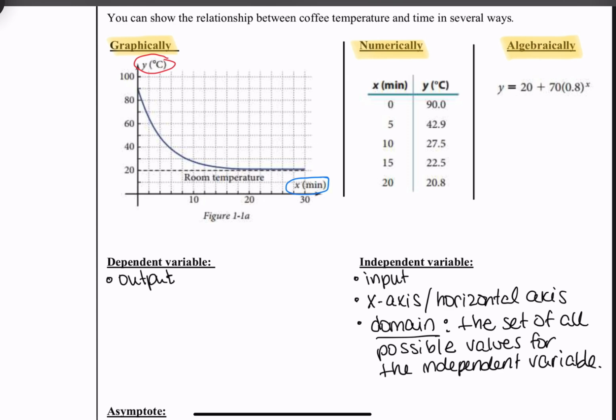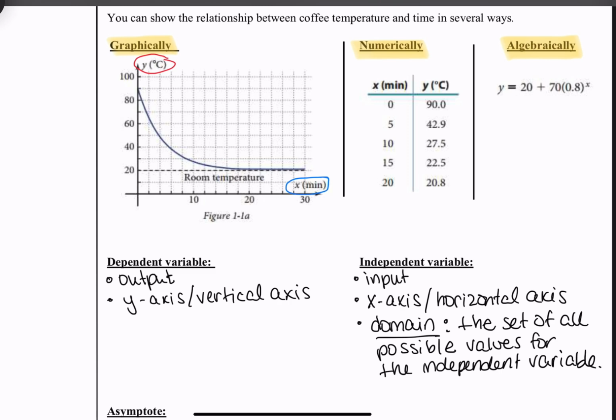Now, usually we like to think of our outputs along the y-axis, but again, we won't always use the y variable. So you want to also think of this as our vertical axis. They are represented along our vertical axis. And in this situation, our vertical axis is in degrees Celsius. So our outputs here are the temperatures in degrees Celsius of the cup of coffee.